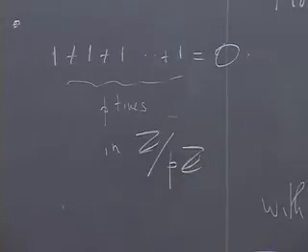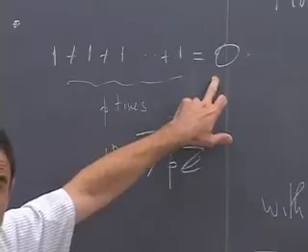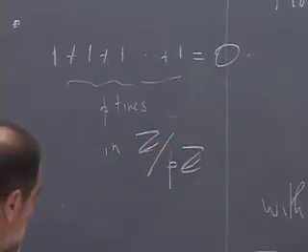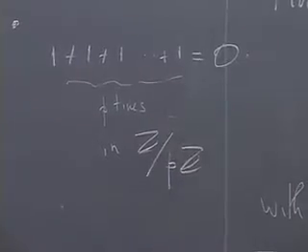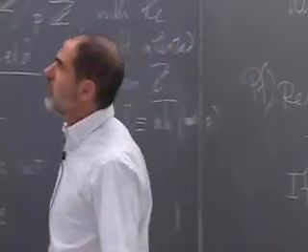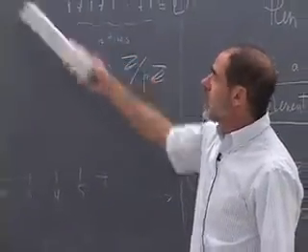So you could never put this field inside of this one, because 1 would have to go to 1 if you had a proper embedding of fields, and then 2 would have to go to 2. And in here, all those numbers are non-zero. And here, when you do it P times, you get to 0. And that's a big distinction of fields: how many times you have to add 1 to itself to get 0. If you never get 0, then you're like the complex numbers.